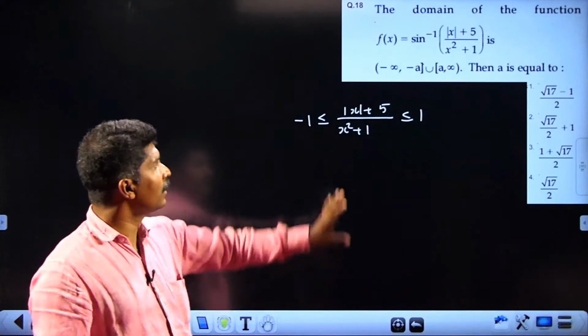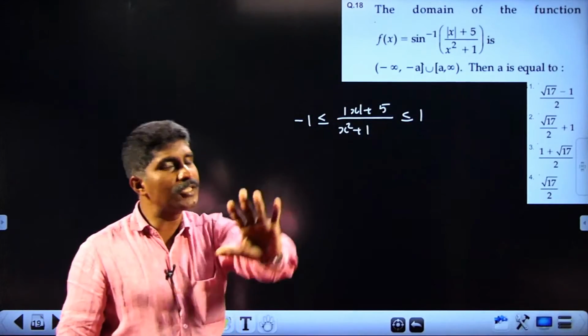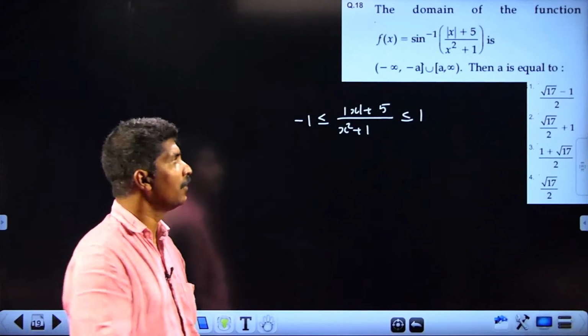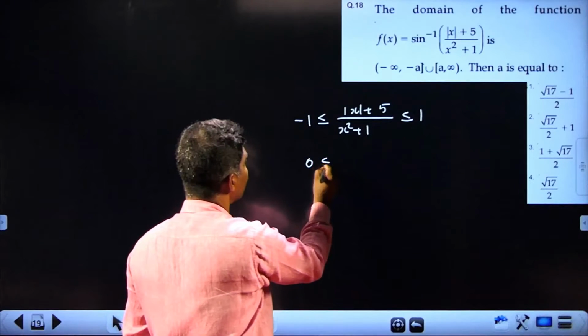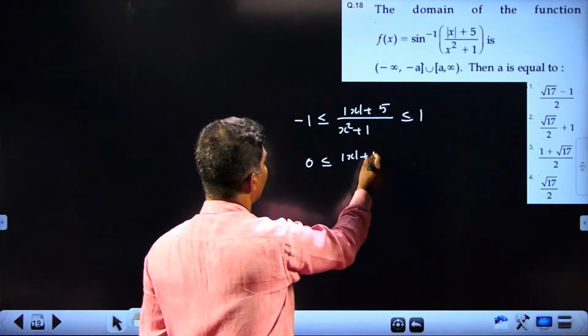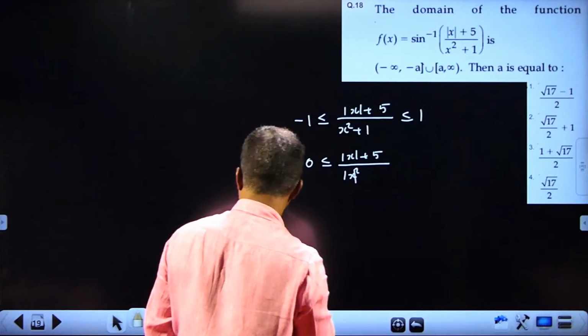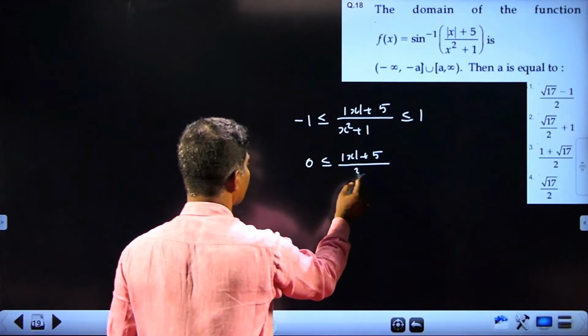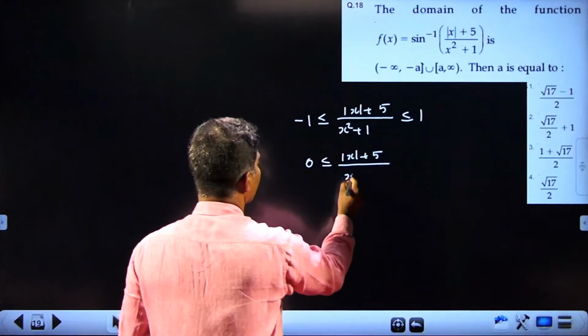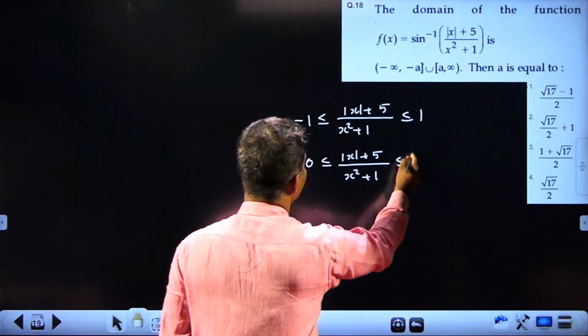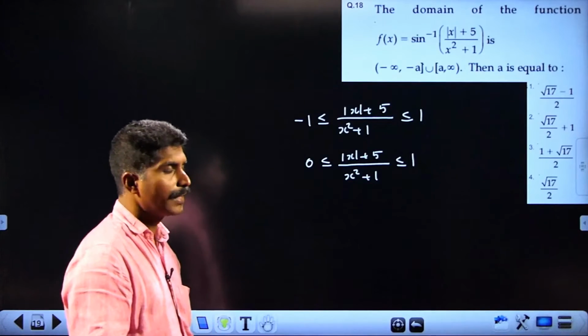Okay. But this quantity is always positive one. Always positive one. So we will write 0 less than or equal to mod x plus 5 divided by x square plus 1 less than or equal to 1. Sorry, it is not modulus, it is x square only. Okay.